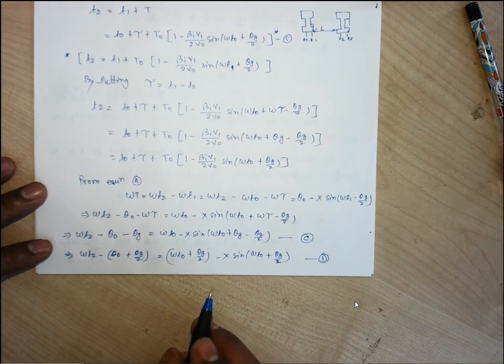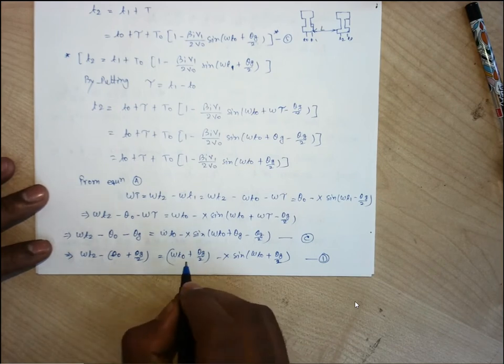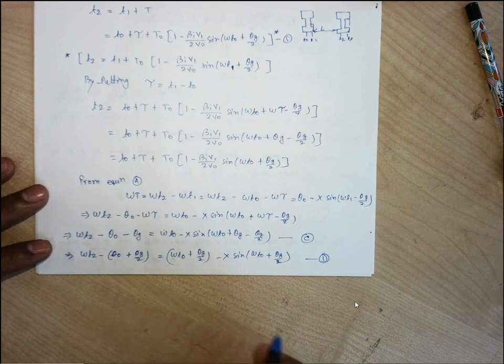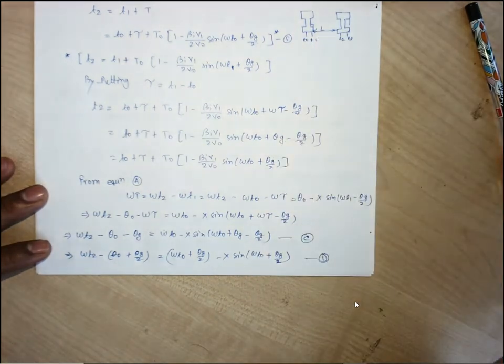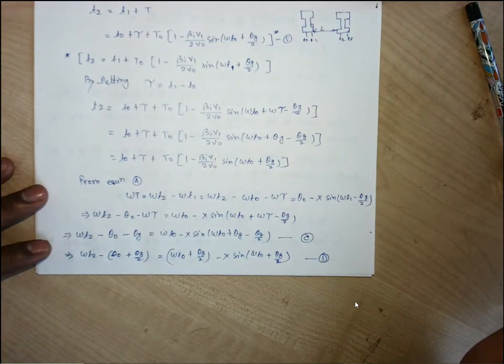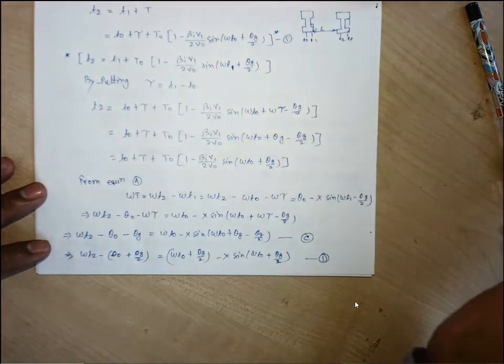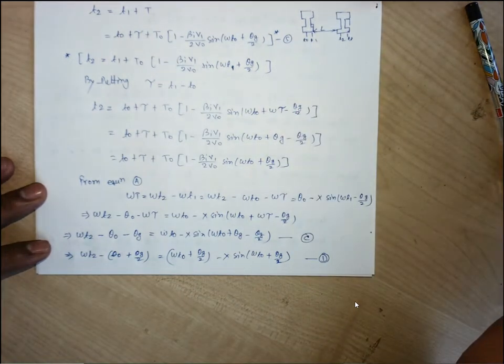It is the Buncher cavity departure angle, omega t naught plus theta g by 2. So what is this theta g? Theta g is omega tau. What is this tau? Tau is t1 minus t0.